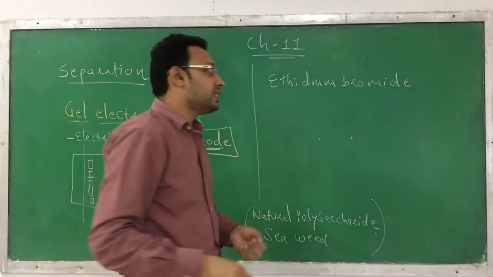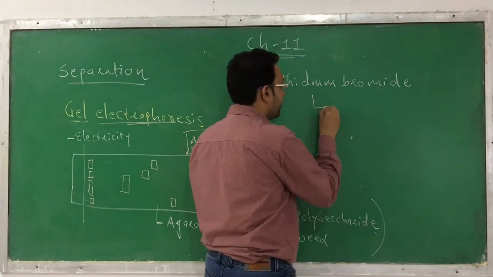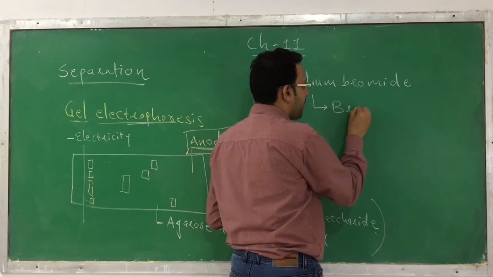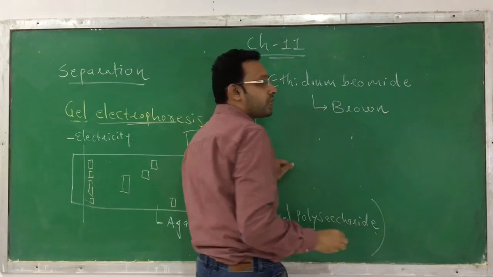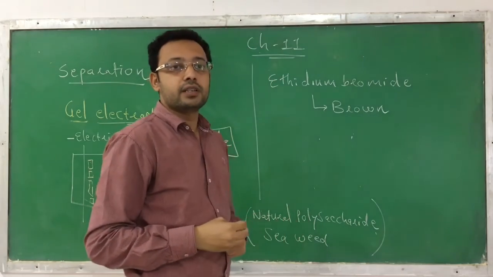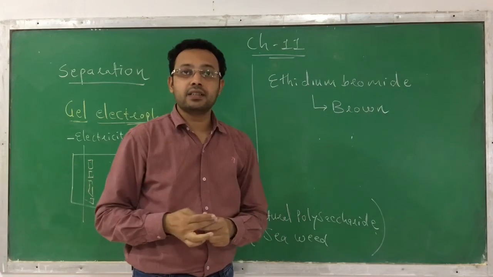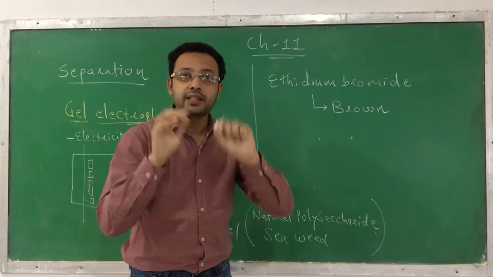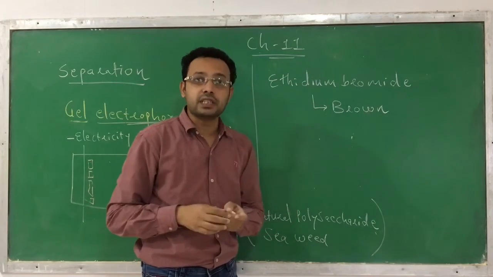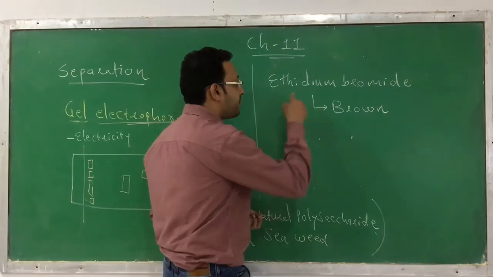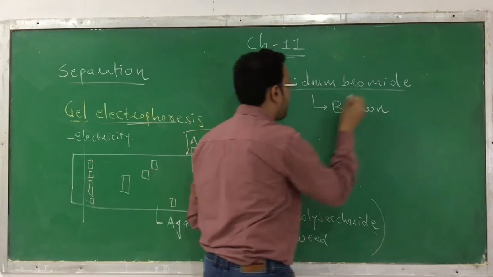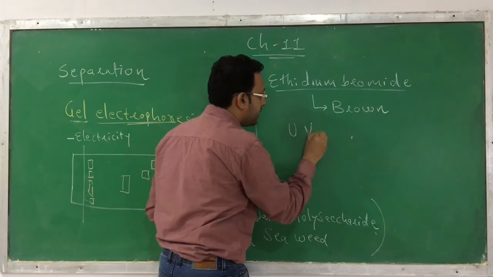When we apply this ethidium bromide, the color of the DNA converts into brown. But still, it is not seen under visible light. The normal sunlight cannot show this brown color. So after applying the stain ethidium bromide, we have to observe under UV light.